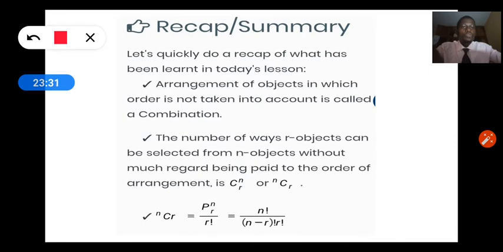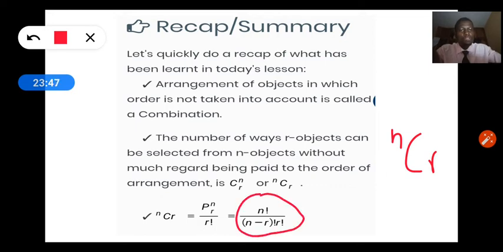We also learned how to write selecting a number from a total given. So that's where we have n combination r. Then the formula for simplification is this. Remember I said combination is a function of permutation. That's why you have that permutation there.